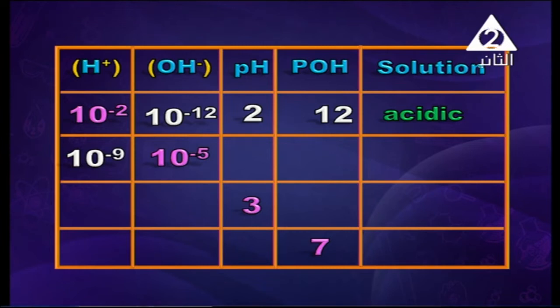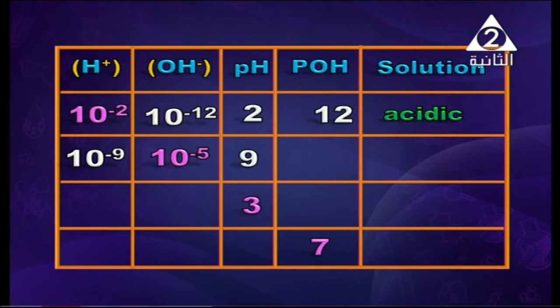For the second row, the concentration of hydrogen ion equals 10 to power negative 9, as, my dear student, the concentration of hydrogen ion times concentration of hydroxide ion equals 10 to power negative 14. So if we divide 10 power negative 14 over 10 to power negative 5, it equals 10 to power negative 9.